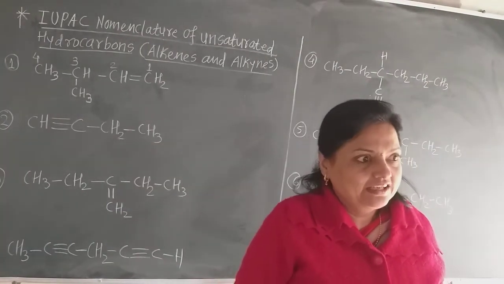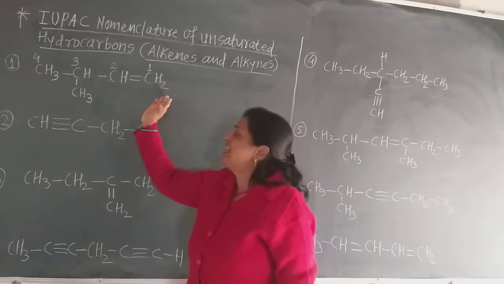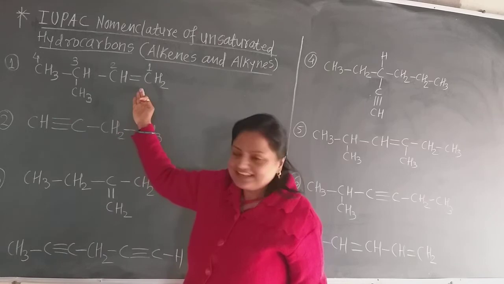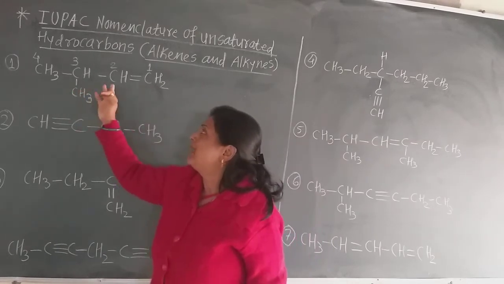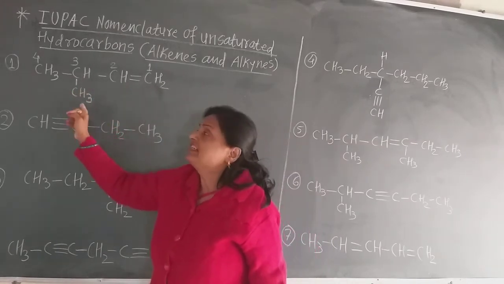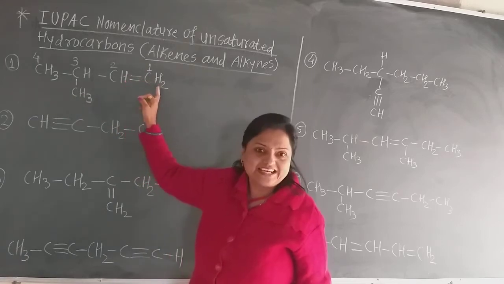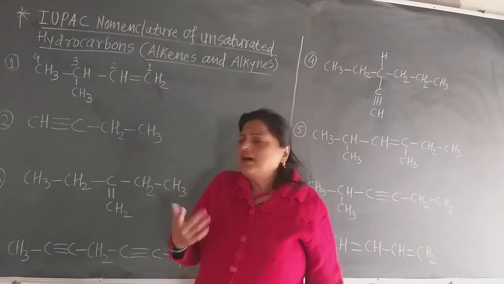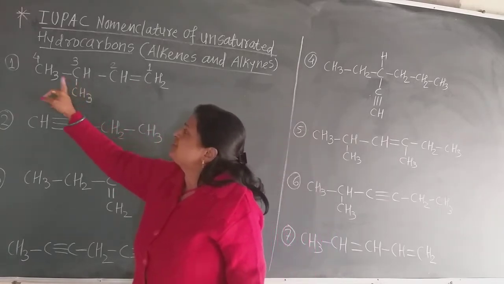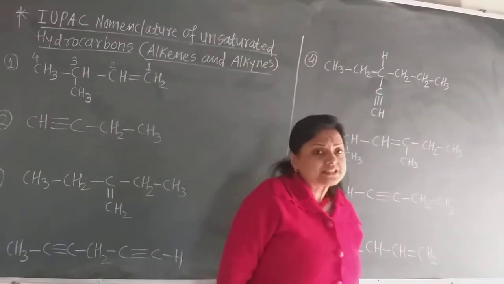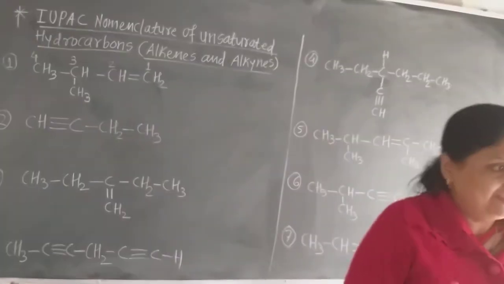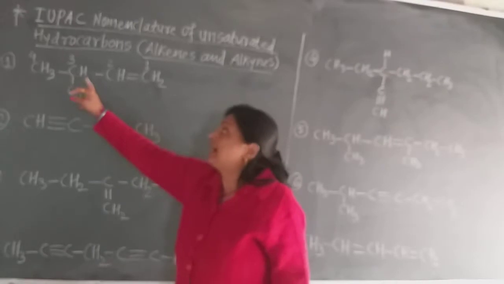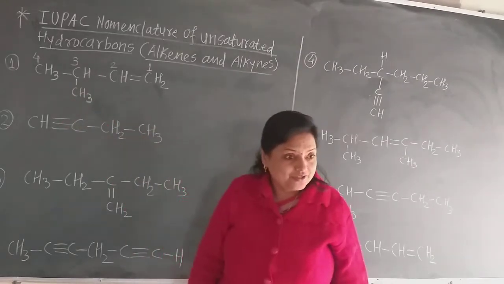Remember that. So I select the longest continuous chain containing the double bond. Here the double bond is on 1. But though here is the alkyl substituent, I number from this side because the double bond is nearer to this side. Now as in the longest chain there are 4 carbon atoms, it is butene because the double bond is there. But on the 3rd carbon there is a methyl group.